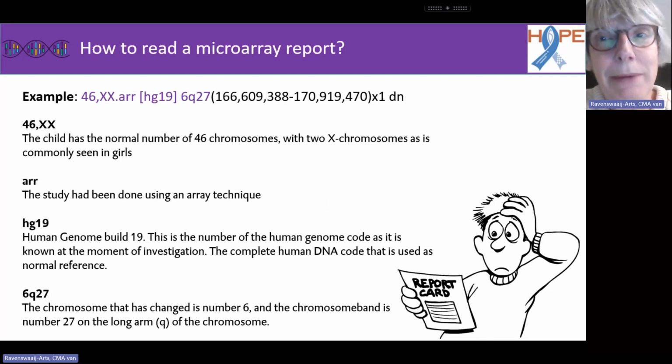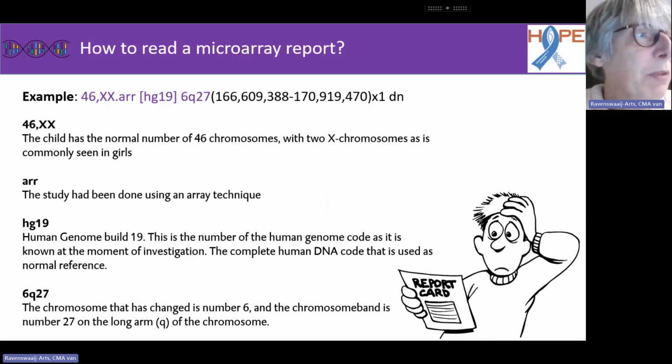Then in between square brackets, you can see hg19 or another code. That is the number and the version of the human genome as it is known at the moment of investigation. Your child's DNA is compared to what is called the reference DNA, what is known at that time of the DNA code.